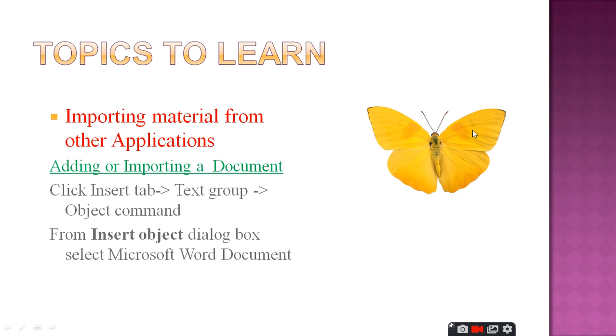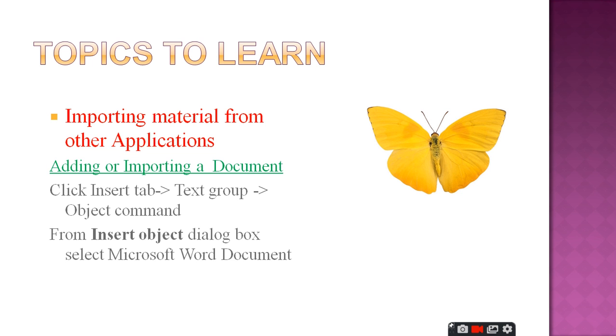Okay children. Next, importing material from other applications. So we can add or import a document. Sometimes only the text inside may be insufficient, or adding video, adding audio clips, creating action buttons may be insufficient. At that time, if needed, we can import material from other applications also.